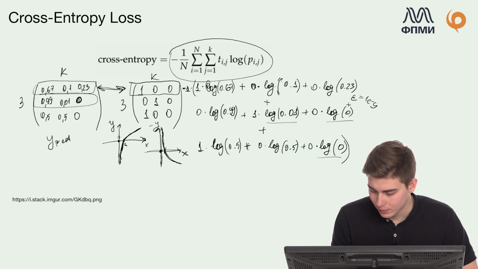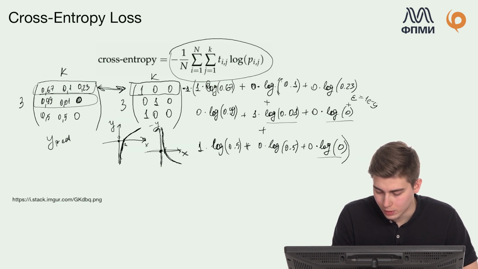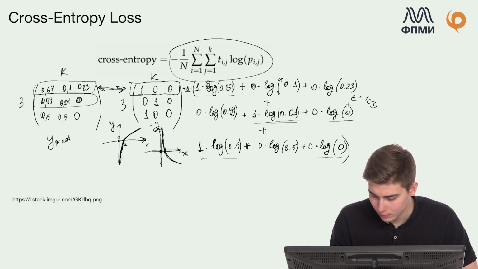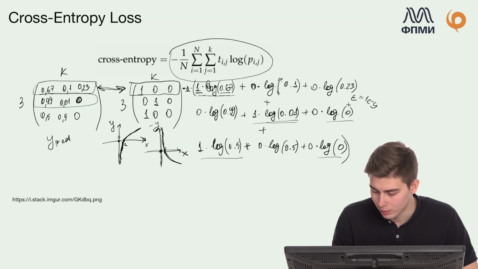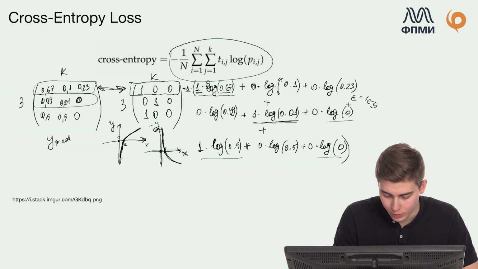And here these components will produce small values when we have a match between our class distributions, the predicted distribution here and the true distribution here. And when we have a mismatch, we will have some very large numbers, and our loss will be very large.